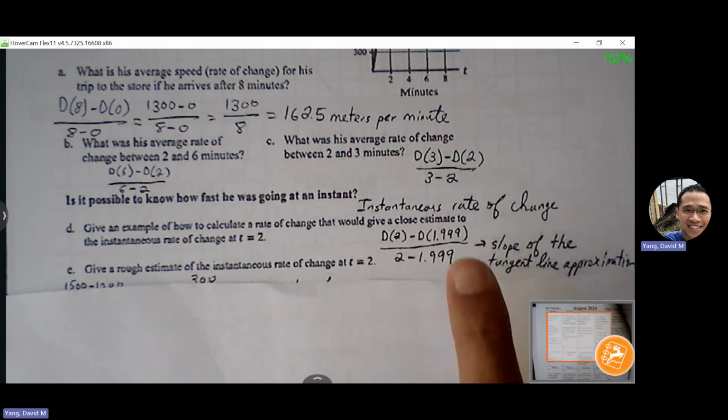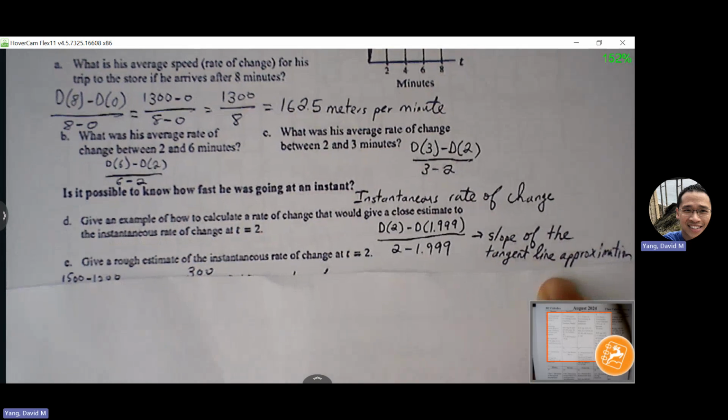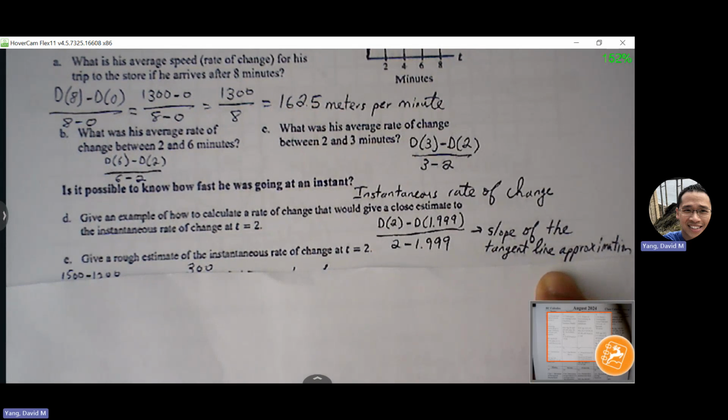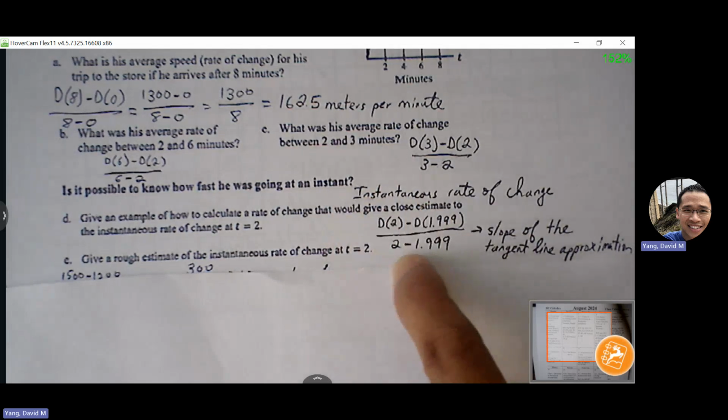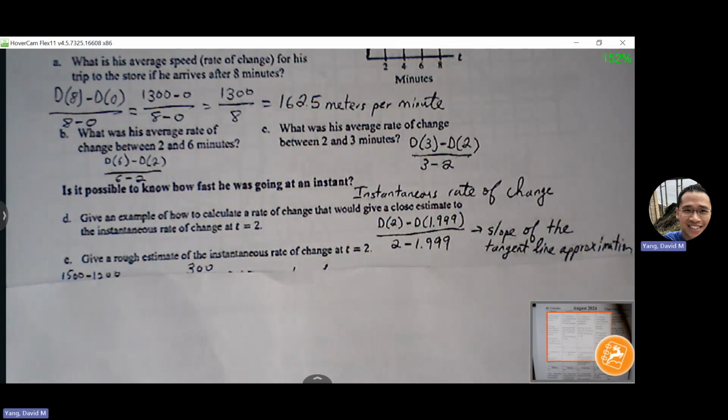So if we just do d of 2 minus d of 1.999 divided by 2 minus 1.999, this won't give us the exact value, but we can get a really good approximation, right? The closer we are to our target, the better our accuracy is. But with calculus, we're going to be able to do something a little cleaner than this. We don't have to worry about finding 2 points that are really, really close to each other. We're going to just be able to rely on 1 point, and we're going to get to that next week.